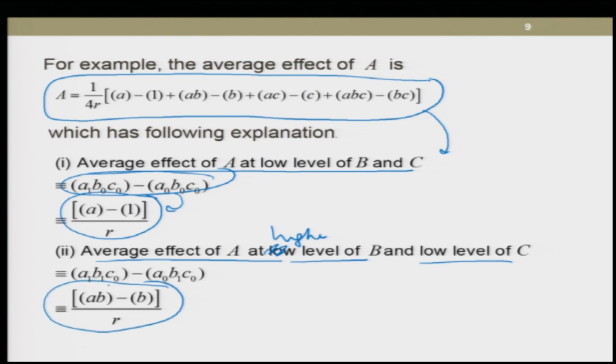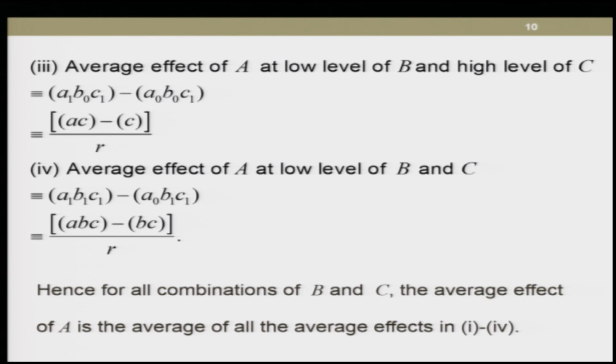And similarly, there are two more things I am going to consider. I consider the average effect of A at the lower level of B and higher level of C. So this becomes lower level of B, that is B0, and higher level of C, that is C1.